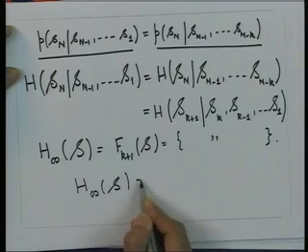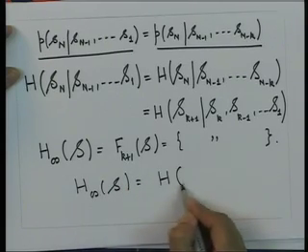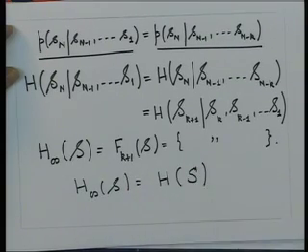For a zero memory source, k is equal to 0, and in that case H infinity of S is nothing but H of S.